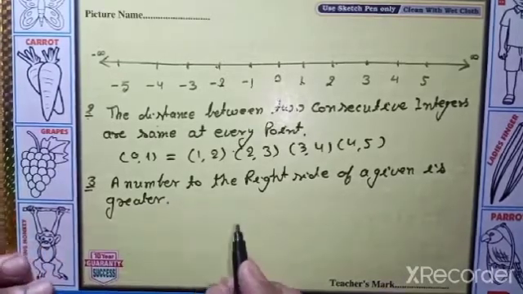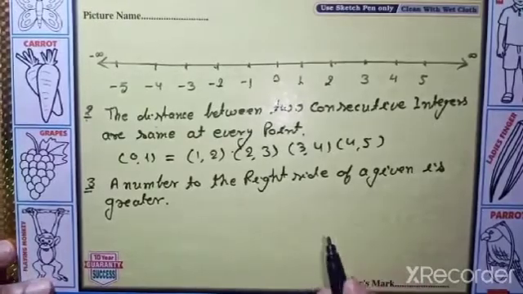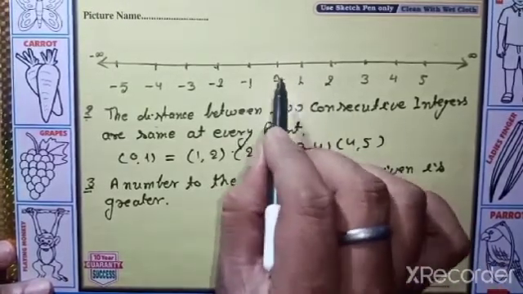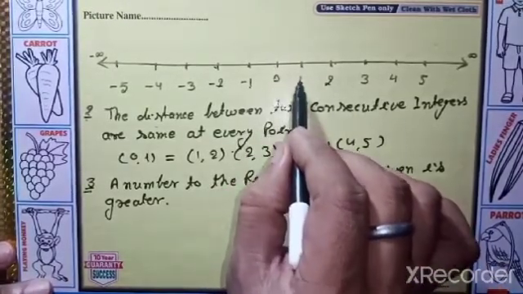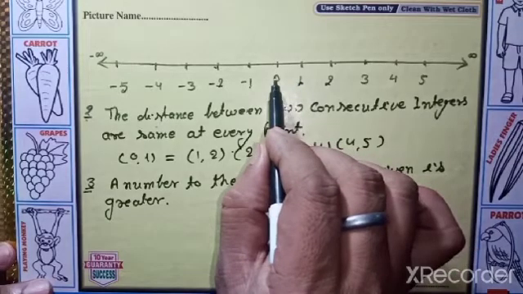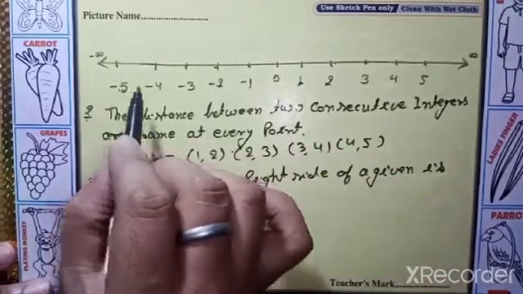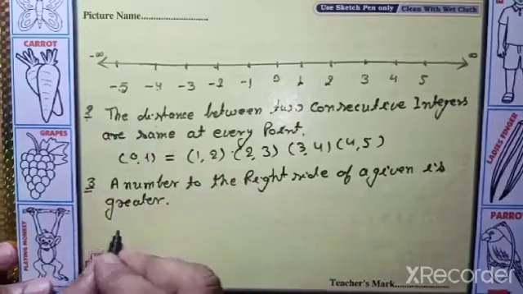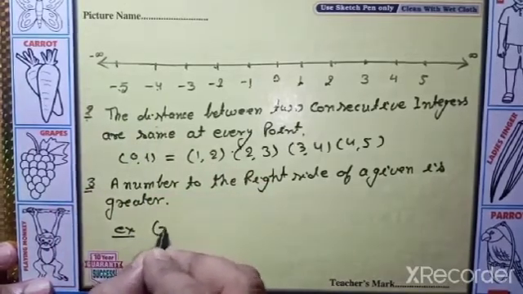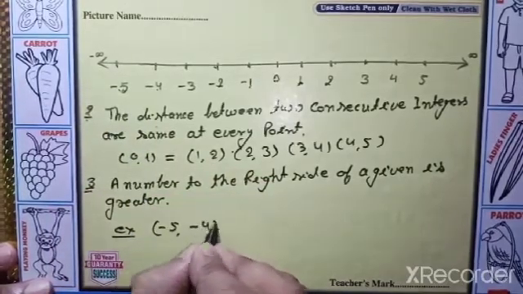A number to the right side of a given number is greater. Right side means here 0 and 1. 1 is on the right side, then 1 is greater than 0. Here minus 5, minus 4. Example: minus 5, minus 4.